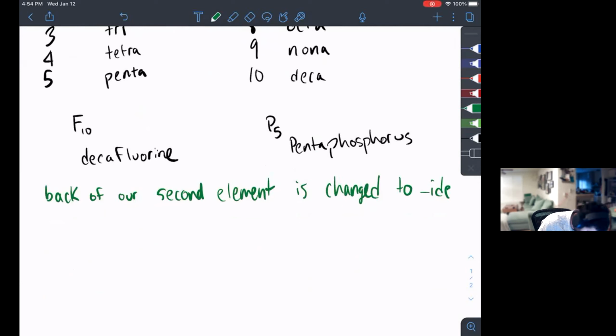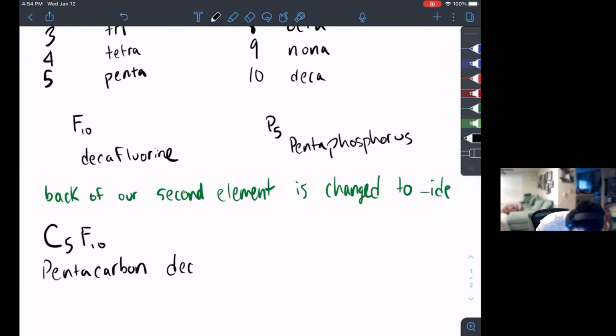So now let's look at something we were looking at before. We had F before. So now if we say instead C5F10, it's pentacarbon decafluoride. So that back half changed to ide. If we look at our other example with phosphorus, if we now say N6P5, let's change it to N6 so we can use another prefix.